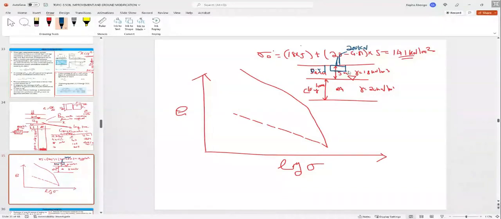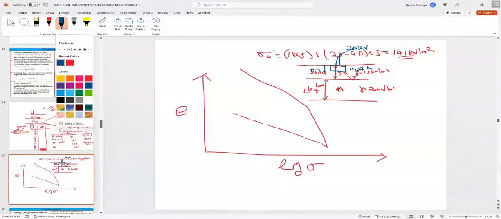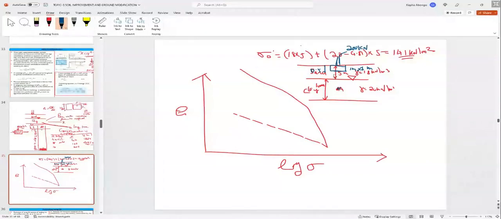The dimension of this foundation is 1 meter by 1 meter. Now, what will be the change in stress at this depth?